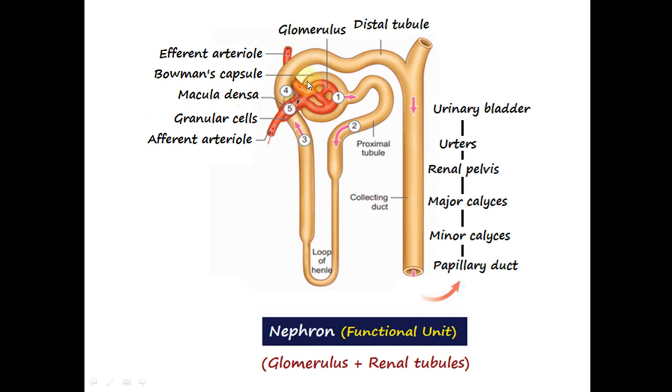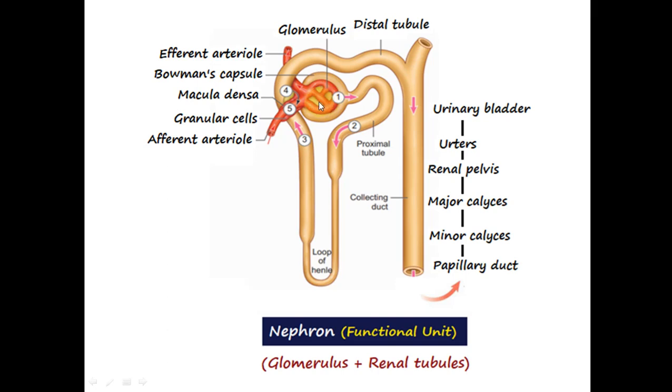So the upper end of the proximal tubule is the Bowman capsule, which encloses the glomerular tuft of capillaries. Blood enters the glomerulus through the afferent arteriole and leaves the glomerulus through the efferent arteriole. Normally, when we study the blood supply of the body, we see that the arterioles carry oxygenated blood to the capillaries, and when it leaves the capillary tufts, the blood enters into the venules.